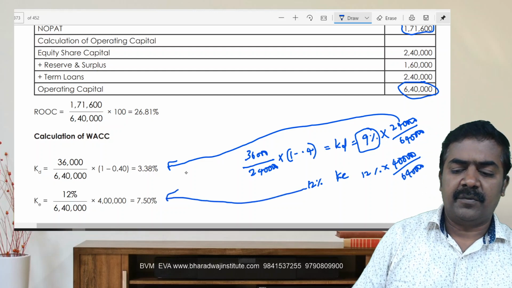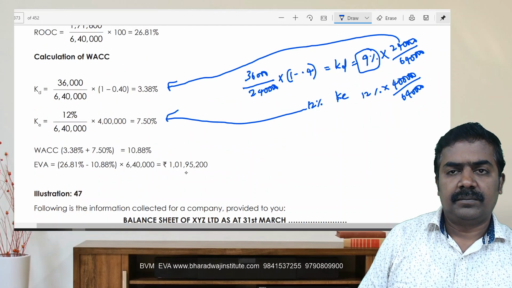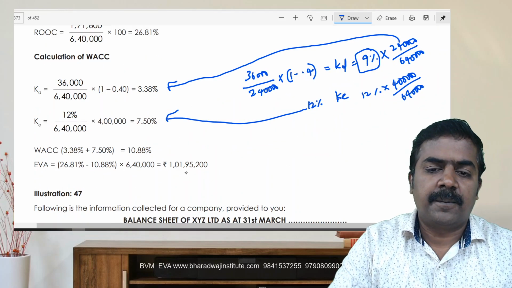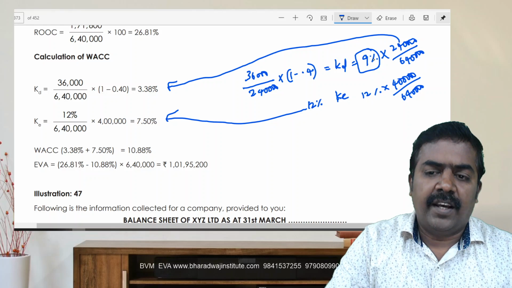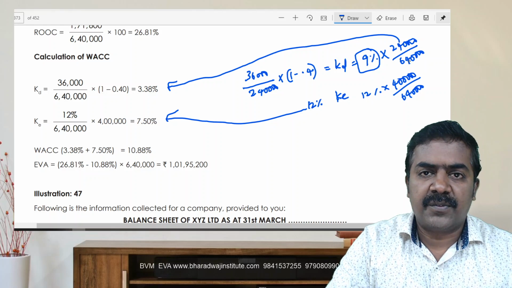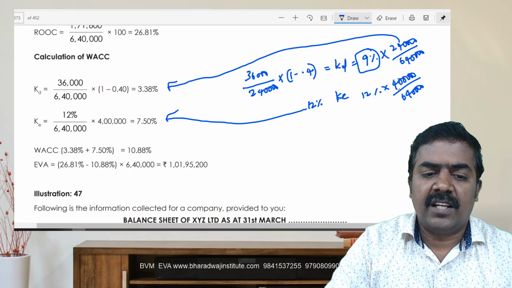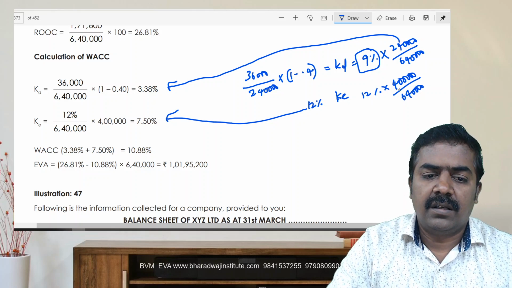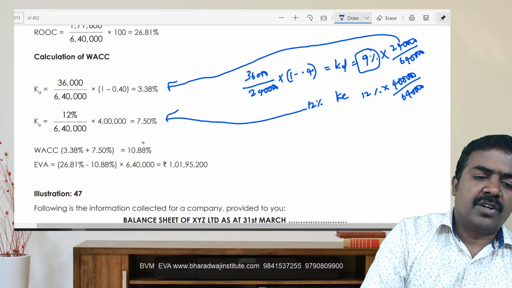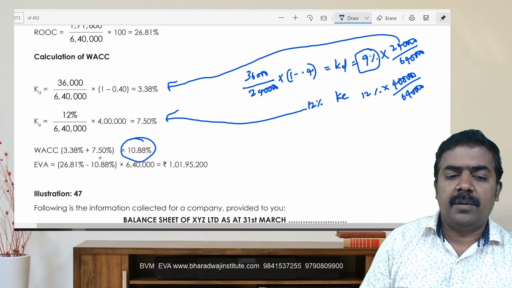It will give us 7.5%. So 9% into 2,40,000 by 6,40,000, proportionate cost of debt. 12% into 4 lakhs by 6,40,000, 7.5%. So add both, you get weighted average cost of capital 10.88%.